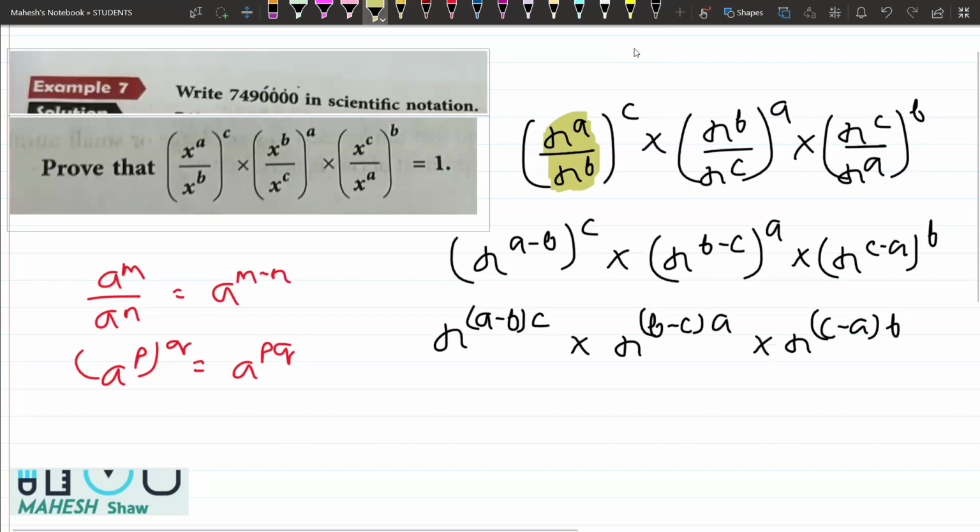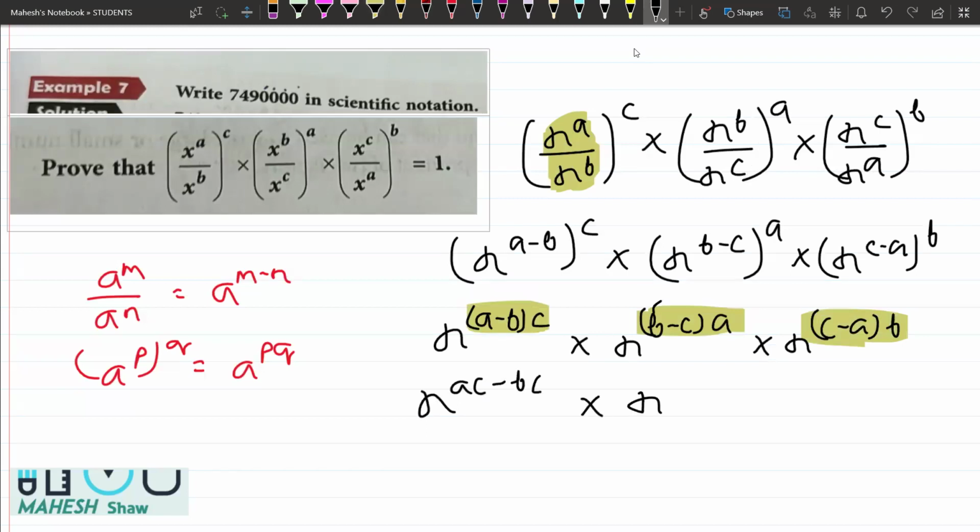Now, if I apply the distributive property here, that means we'll be simply opening the bracket. So a multiplied by c is ac, minus b multiplied by c is minus bc. Same thing here. b multiplied by a is ba or ab, it's all the same. And minus c multiplied by a is minus ac.